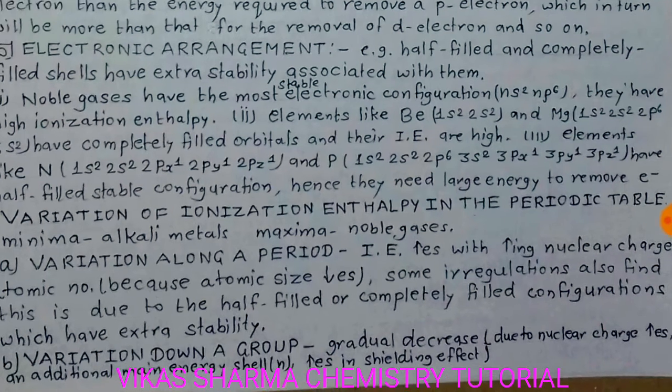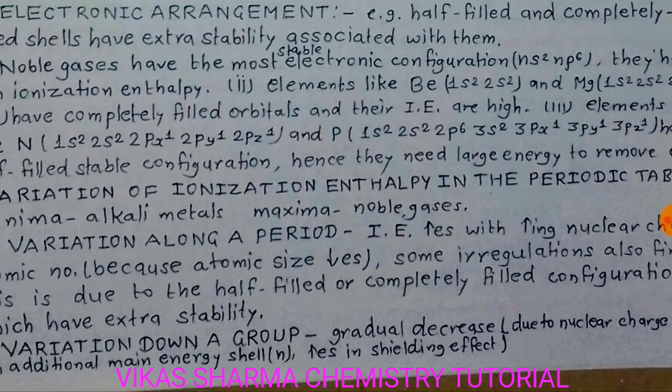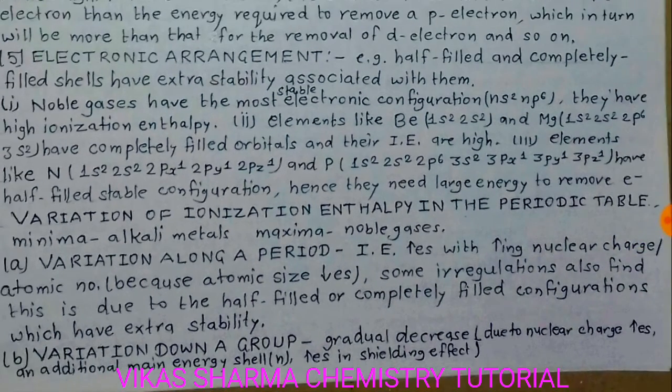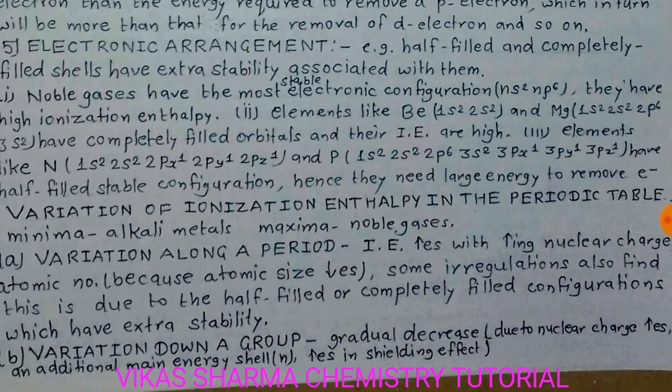The trend down a group is a gradual decrease, due to increase in nuclear charge and additional main energy shells, which increase the shielding effect. In a group the size increases. In the case of alkali metals, comparing lithium to francium or cesium, cesium is more reactive than lithium. Cesium has its electron easily removed, but lithium does not.